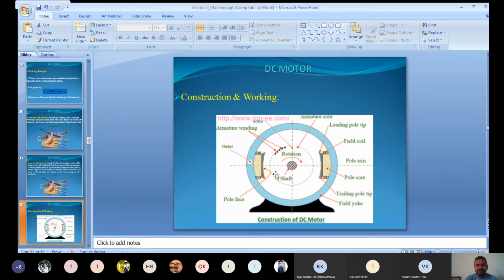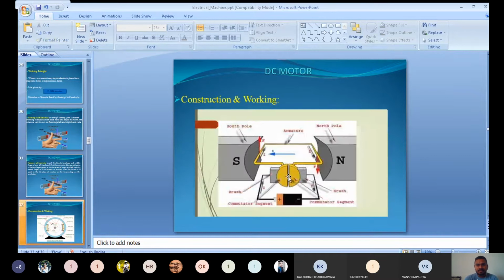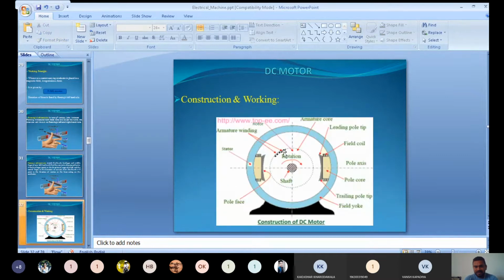Now on the rotor side we have an armature core. The armature core consists of silicon steel stampings gathered together. On the outer body of the armature core, slots are made, as shown in this figure.